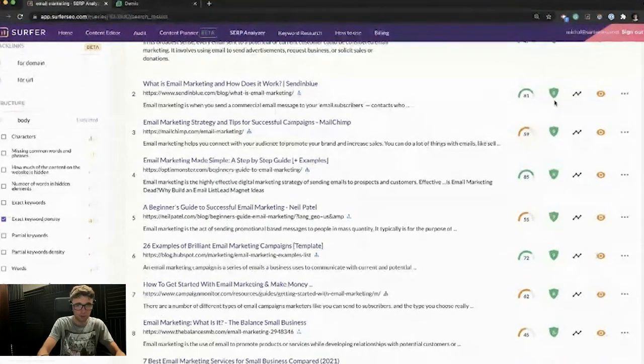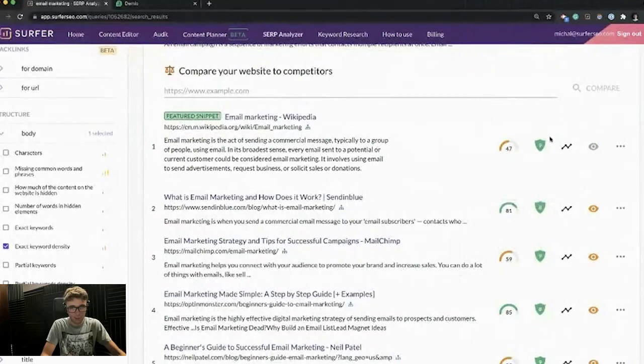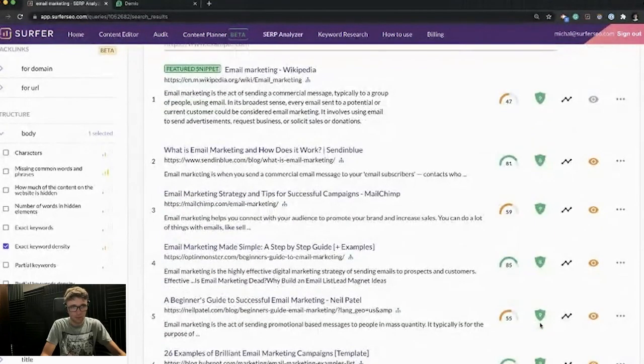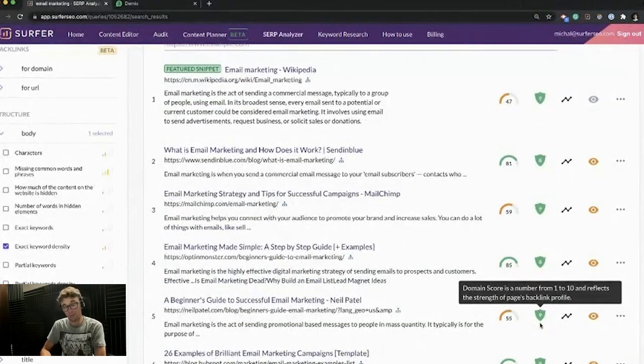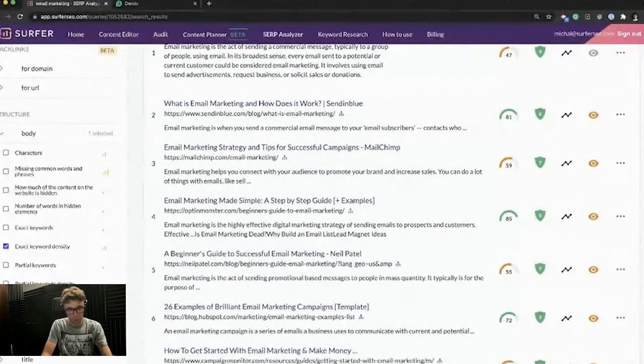Just take a look on the right-hand side. I will zoom in a little. You see the content score on the left and the domain score on the right. The domain score will tell you that these are big players. Indeed, they are: Neil Patel, OptiMonster, MailChimp, Sendinblue, HubSpot, and Campaign Monitor. I don't know them, but they are also 8.